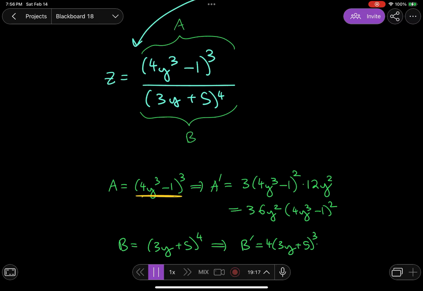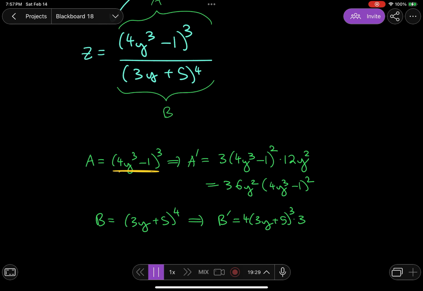So the inside part here is 3y plus 5. That's simply, what is the slope of a line that looks like 3y plus 5? That's going to be 3. So this is equal to 12 times 3y plus 5 to the 3rd power.